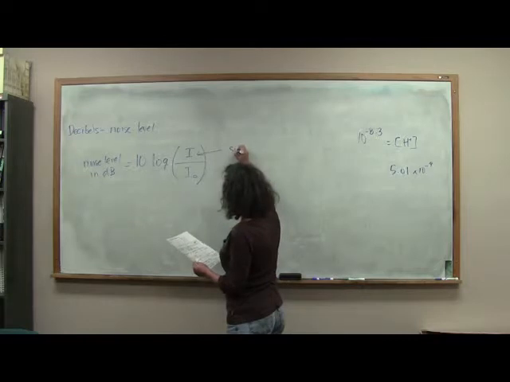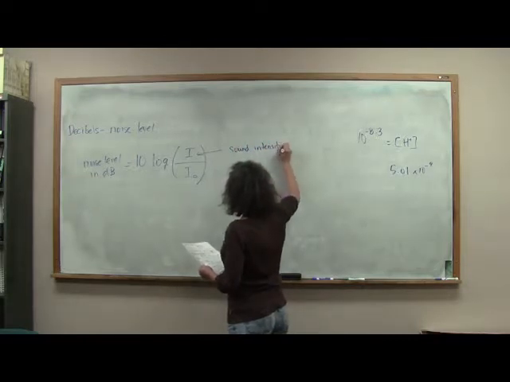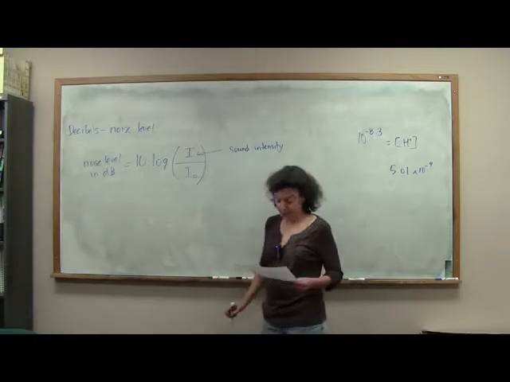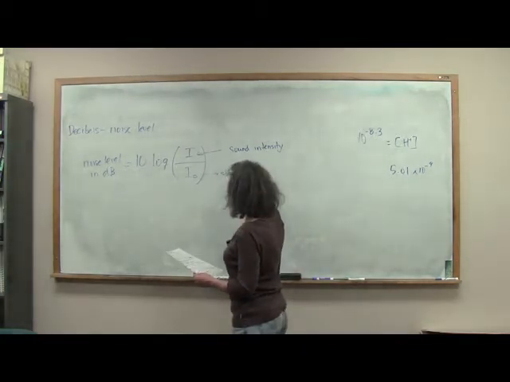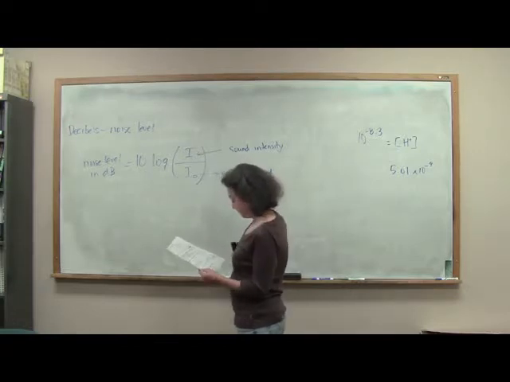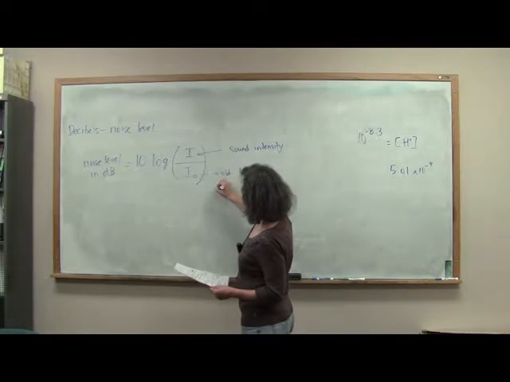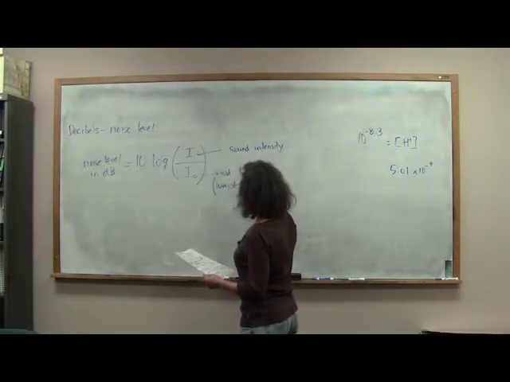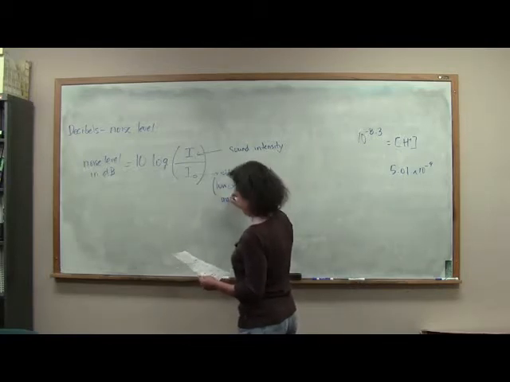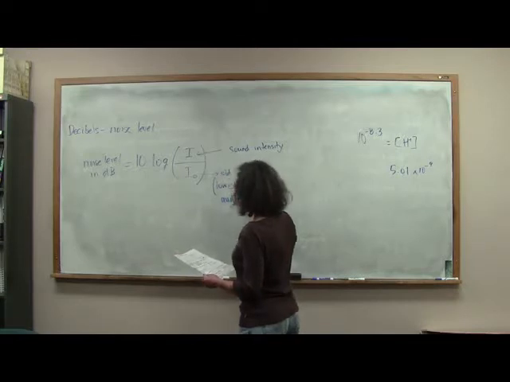I is the sound intensity that we're dealing with. And I sub 0 is what they call the standard benchmark. What is the standard benchmark? It's the lowest intensity that's audible to humans.